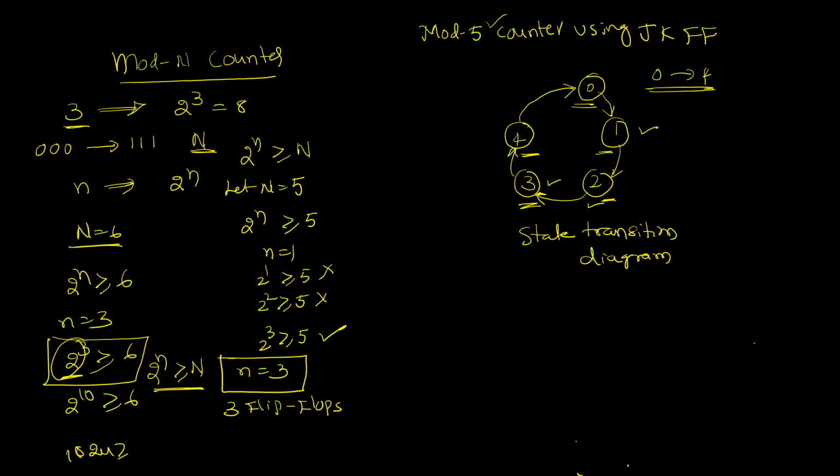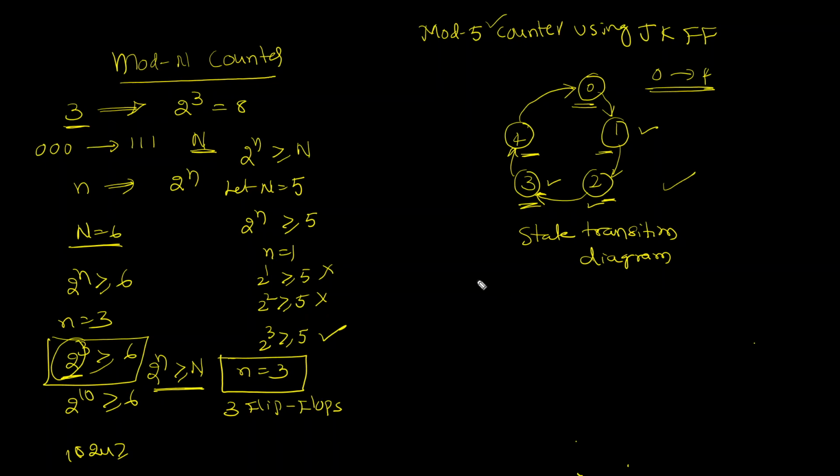This is the meaning of the counter counting from 0 to 4, which is a mod 5 counter. So this is the transition diagram. This is the basis for writing the present state, next state and flip-flop inputs. Now we will look into what this means.